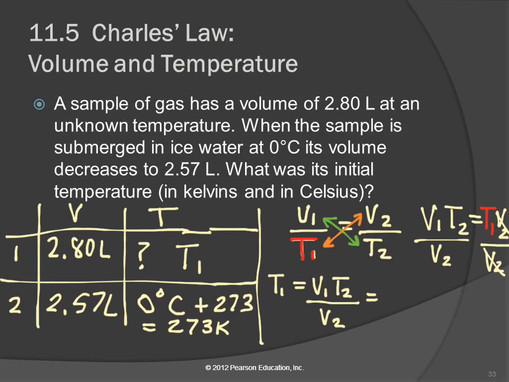So then we plug our numbers in. V1 was, what, 2.8? And use your units, 2.80 liters. T2 was 273 Kelvin. And V2 was 2.57 liters. And we see that the liters cancel out.